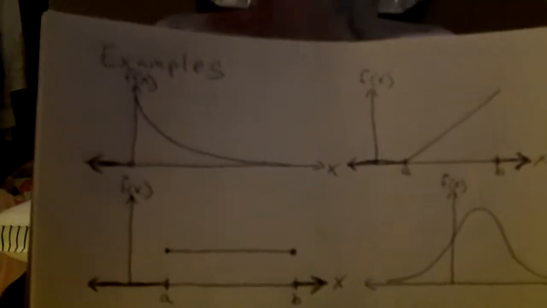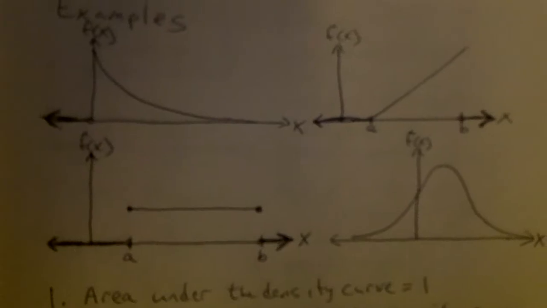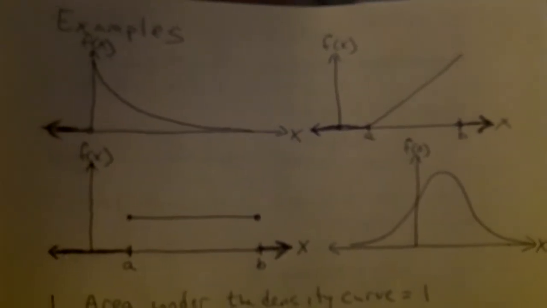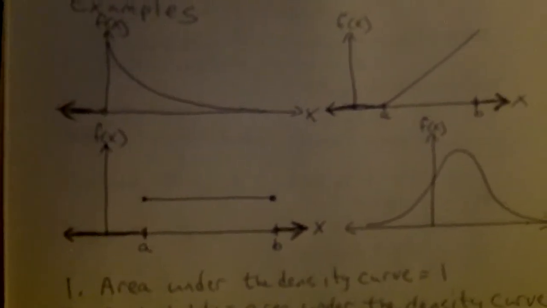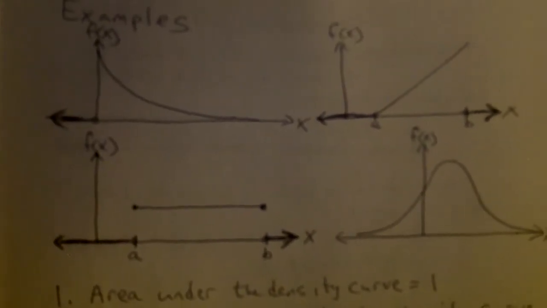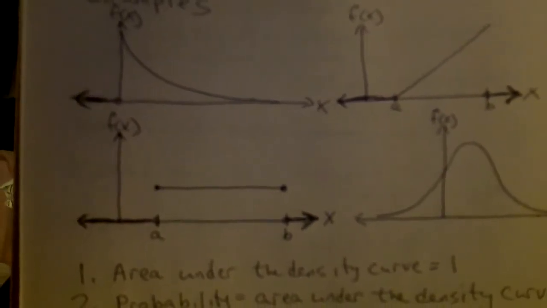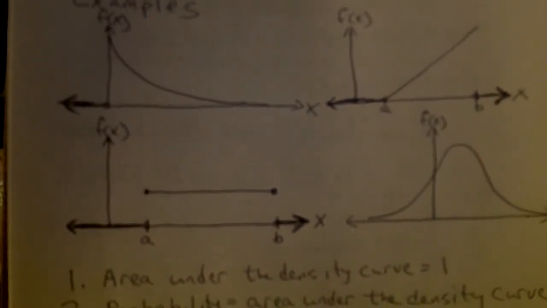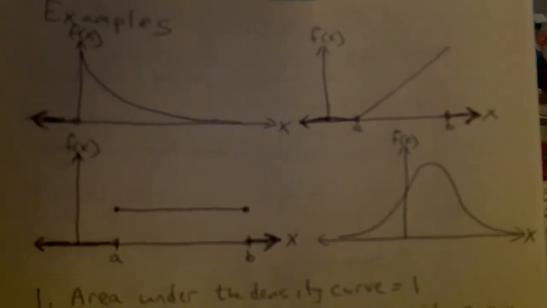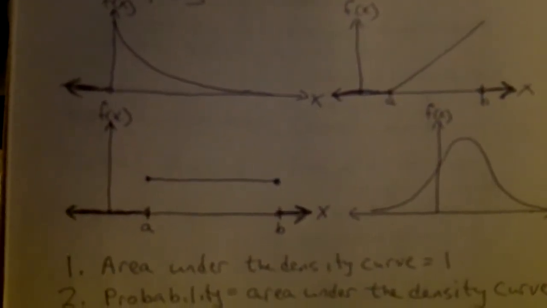So anyway, as far as some examples here, these are just sketches of different types of density curves. The idea is that wherever there is some positive height, there is probability associated with it. We've got 4 different examples here.